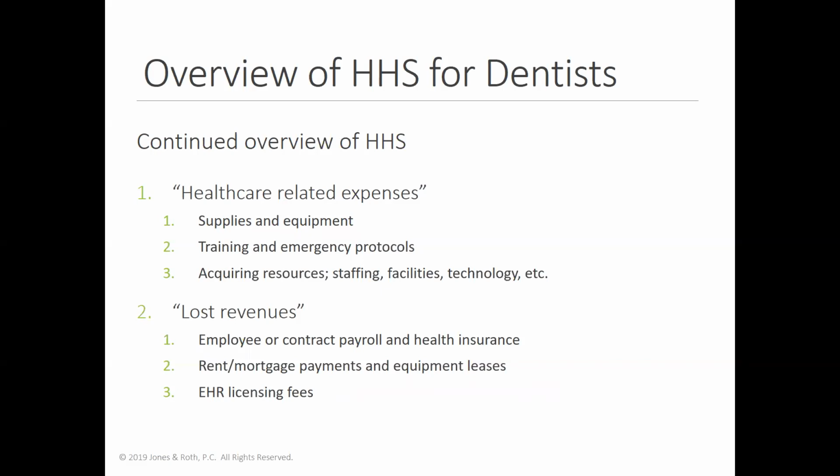So supplies and equipment are one of those things. I know some dental offices have purchased air purifiers, aerosol reducers, and some of the equipment related to that. Those items are all going to qualify.